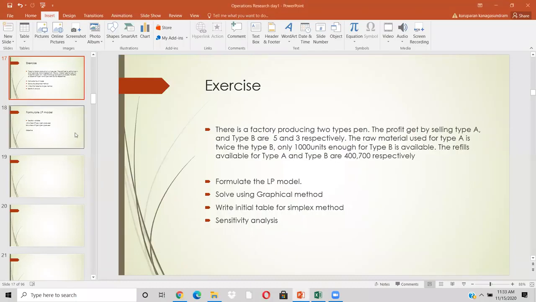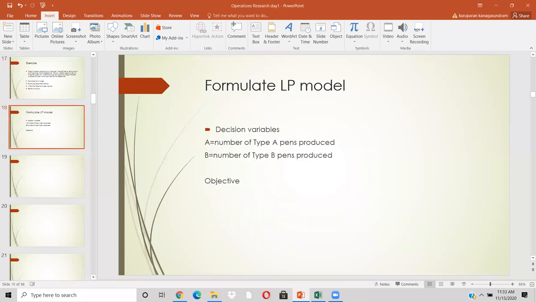So the objective will be maximization. Shortly we will say max, or you can write maximize, and here we write profit. For that profit we have to write a function.